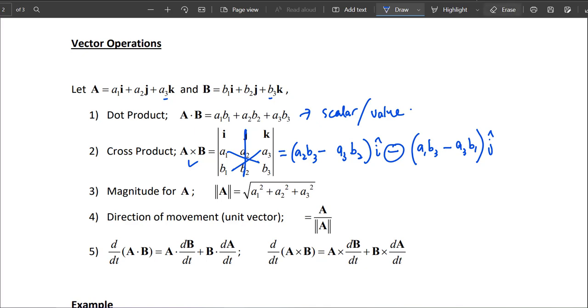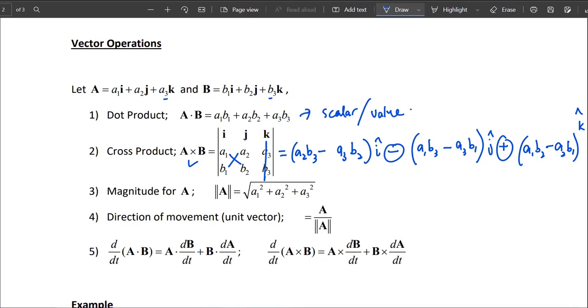For k, close the k component, so the formula is plus: A1 times B2 minus A2 times B1. This is k. So these are the methods to find the cross product. For cross product, we still have a vector, so we still have the i, j and k.